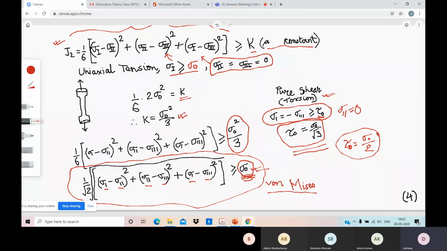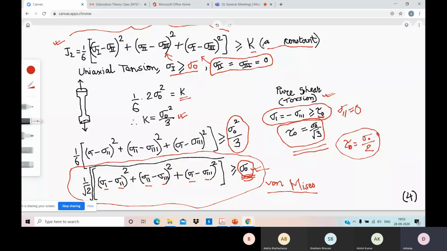So don't think that a criterion being satisfied means it will certainly happen, because a lot of other conditions, material conditions, microstructure and other things will play a role, and these criteria don't consider those atomistic or microstructural or nanostructural conditions. This is simply continuum solid mechanics.